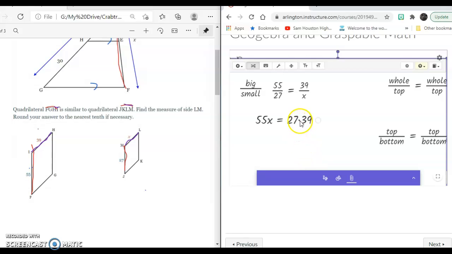Okay, so now we're going to multiply and then divide. Real simple.